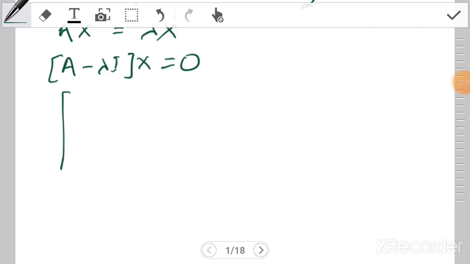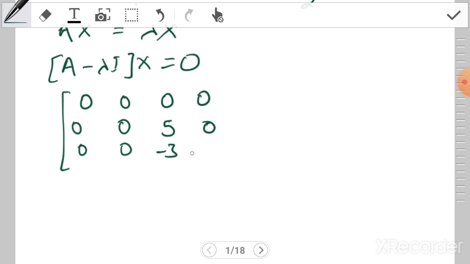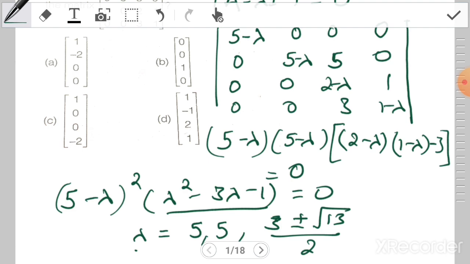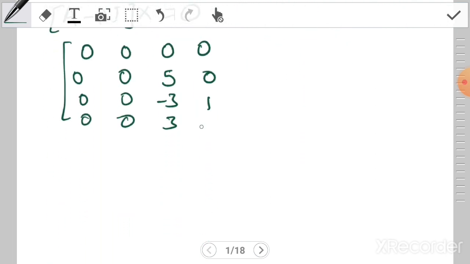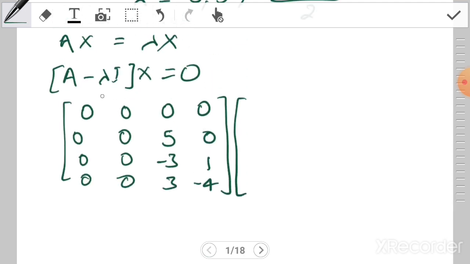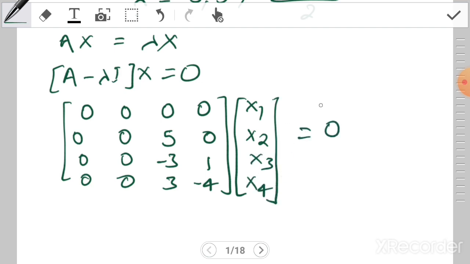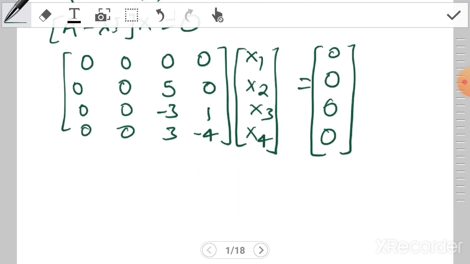So we'll get 5 minus 5, 0, 0, 0, 0, 0, 5 minus 5 again 0, 5, 0, 0, 0, minus 3, 1, 0, 0, 3, and 1 minus lambda, 1 minus 5, minus 4. So x1, x2, x3, x4 equal to 0, 0, 0, 0. Now solve.